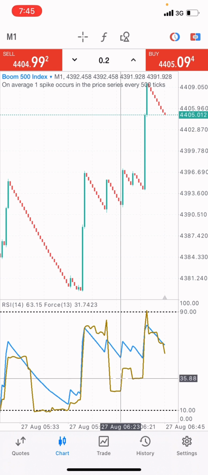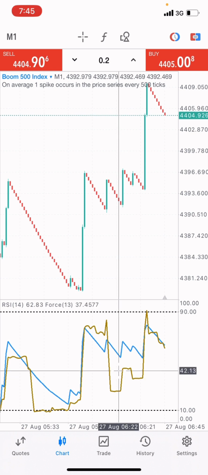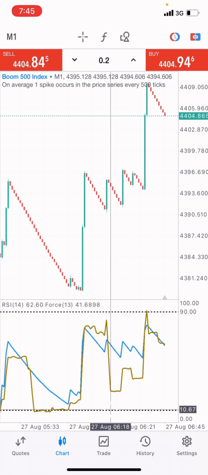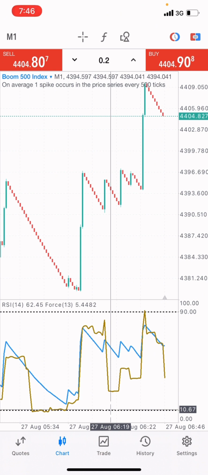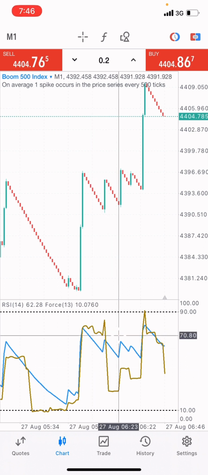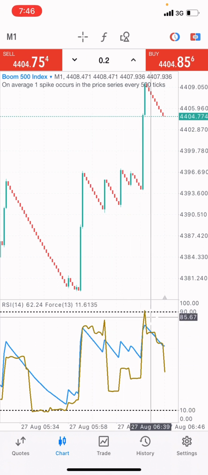So I hope you understand what I'm saying with the strategy. On the Crash 500 index, you wait until the Forex index trend crosses the level 10, you enter into the market, and that's a good entry position, right, for the Crash 500 index. And the Boom 500, when it reaches the level 90, that's a good entry position.